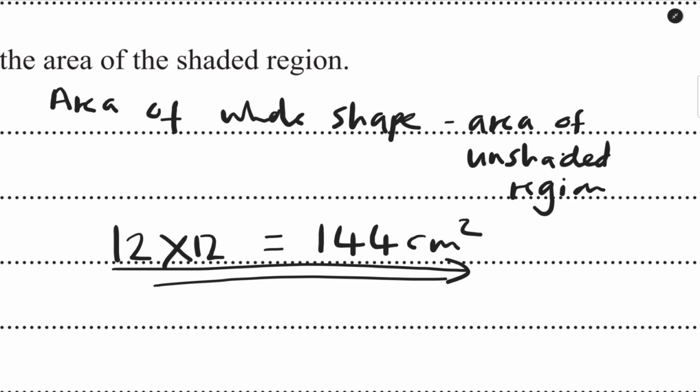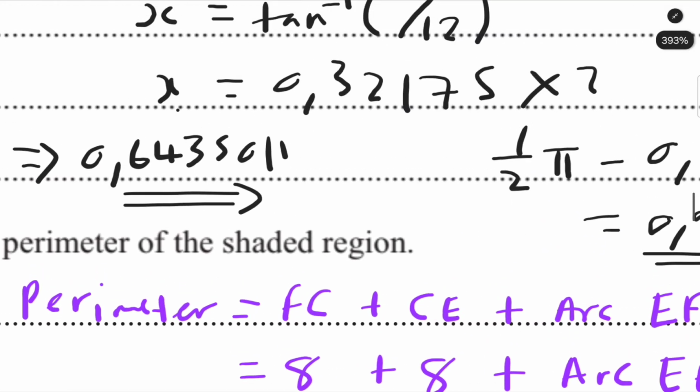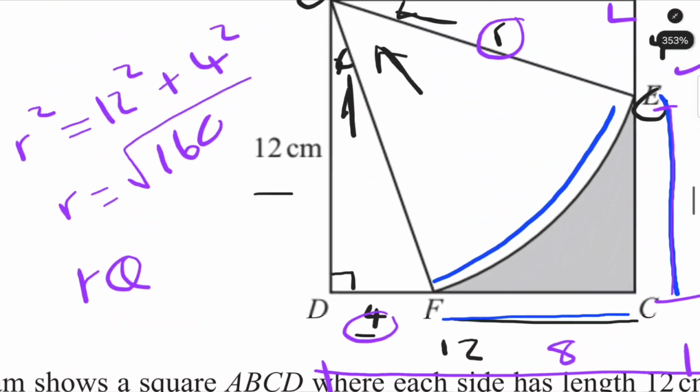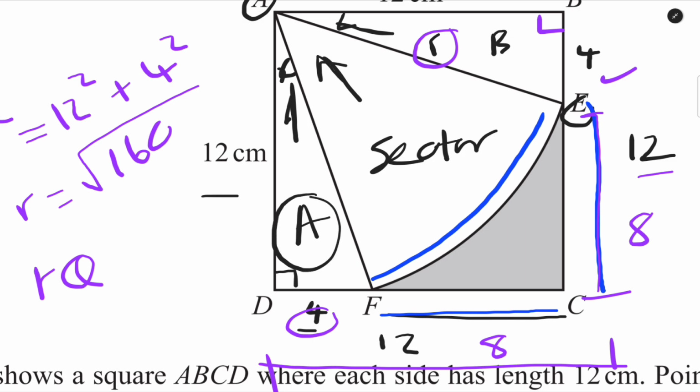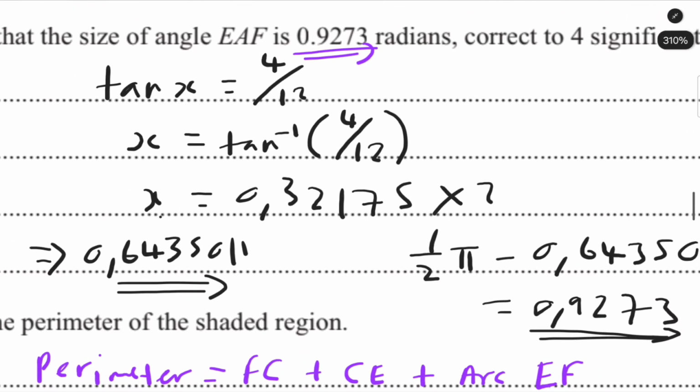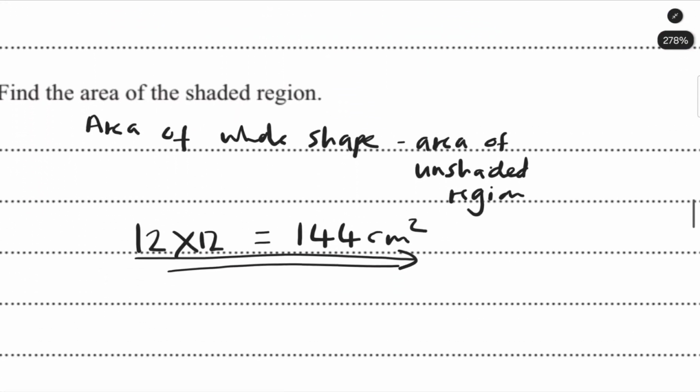And for the area of the unshaded region, we have these two triangles, which you can call A and B, which have pretty much the same area, and this sector, right? So we're going to first calculate the area of one of these triangles, then multiply it by 2, then add the area of this sector to get the area of the unshaded part.